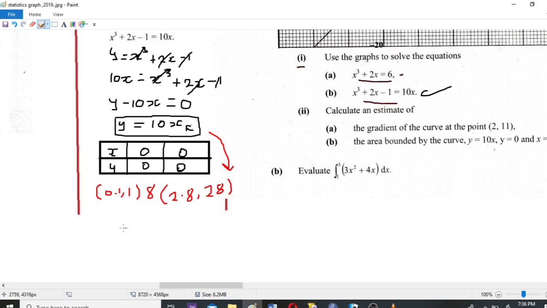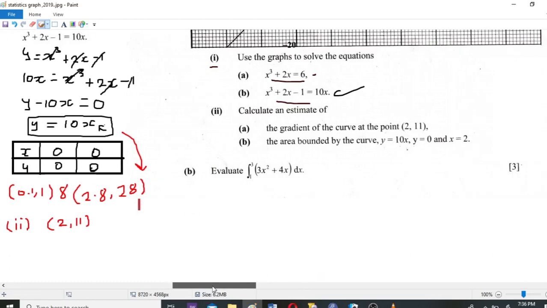So for 2, we want to find the gradient, right? So we just want to find the gradient at the point that's 2 comma 11. So how do we find that gradient? We need to go to this point and draw a straight line.